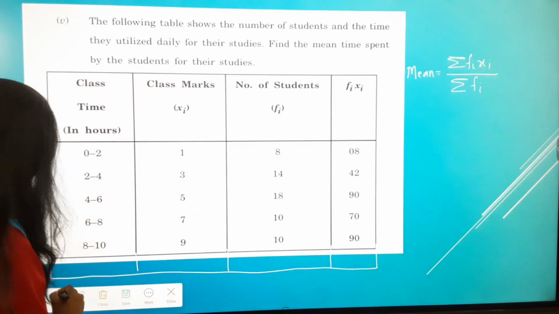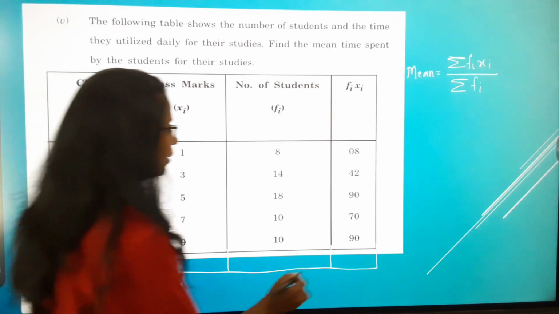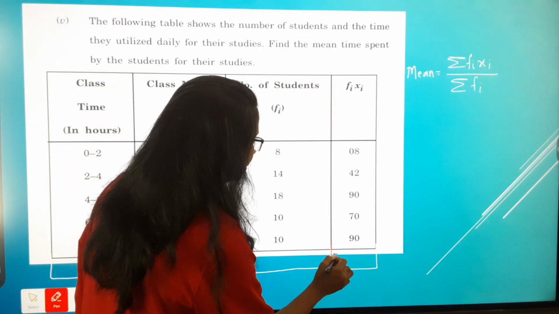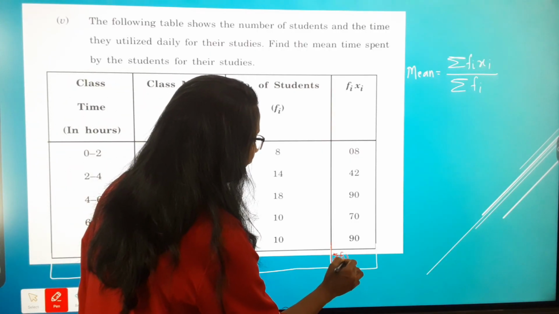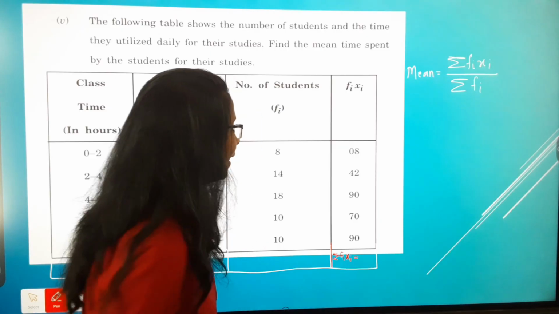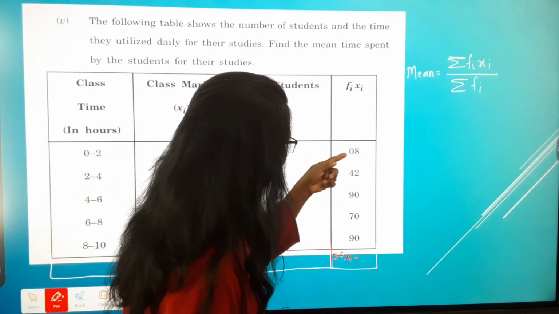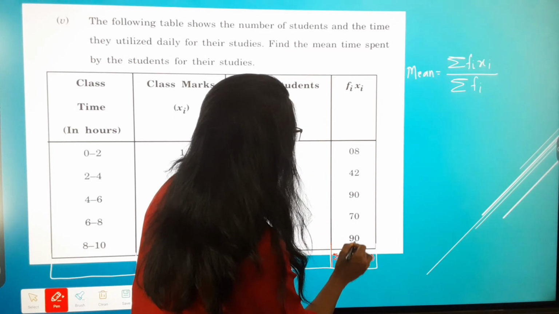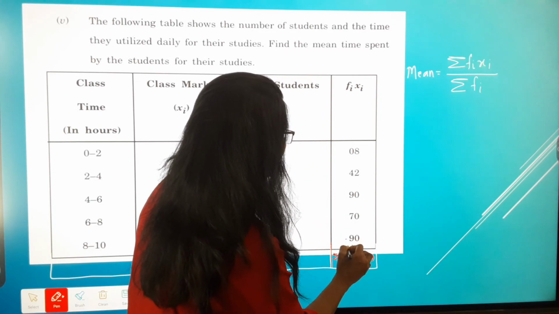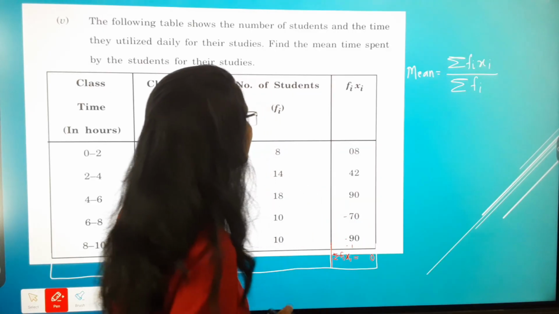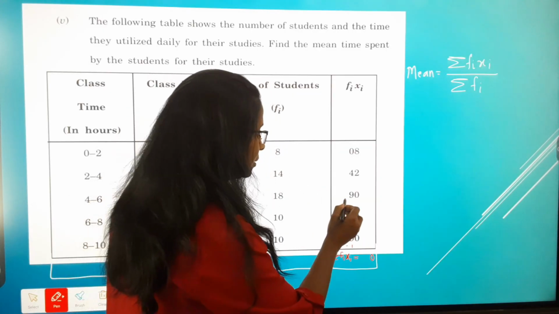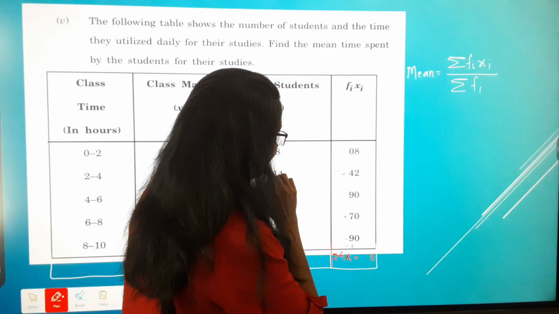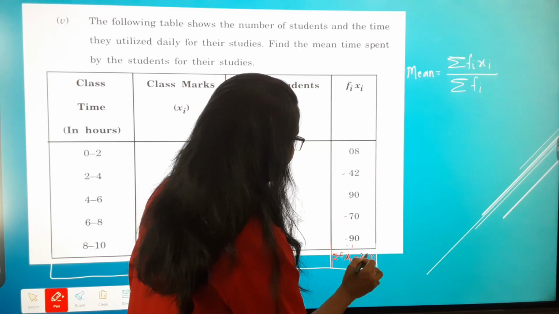Okay, and here write down the summation fixi. So now adding all these numbers 8, 9, 10, then 17, then 3, 20, 30. Okay, 300.